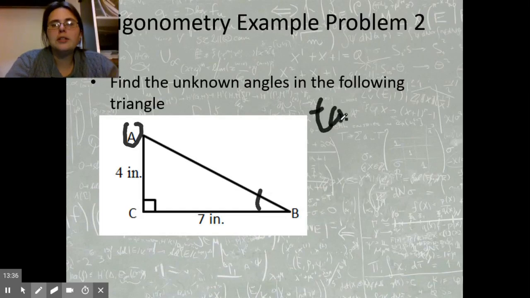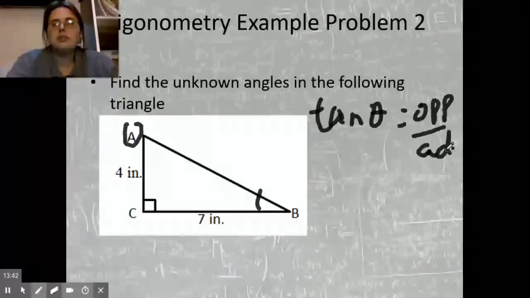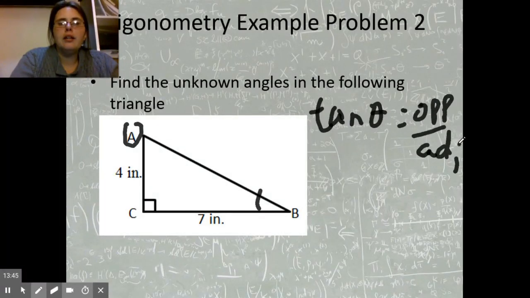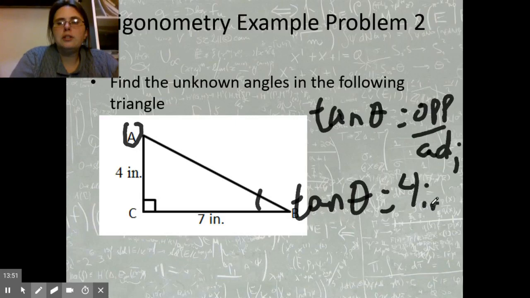So tangent of theta is equal to opposite over adjacent, so we can plug in, and it is tangent of theta equals 4 inches divided by 7 inches.